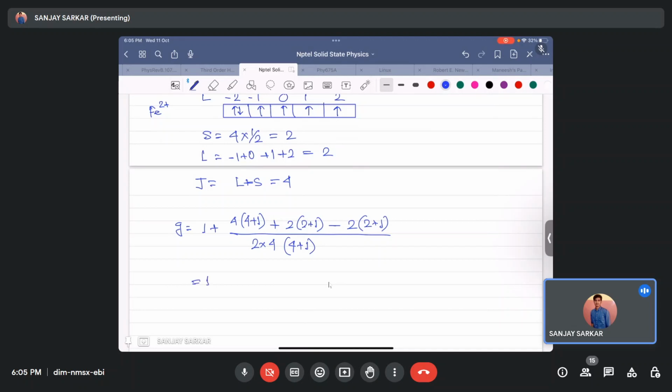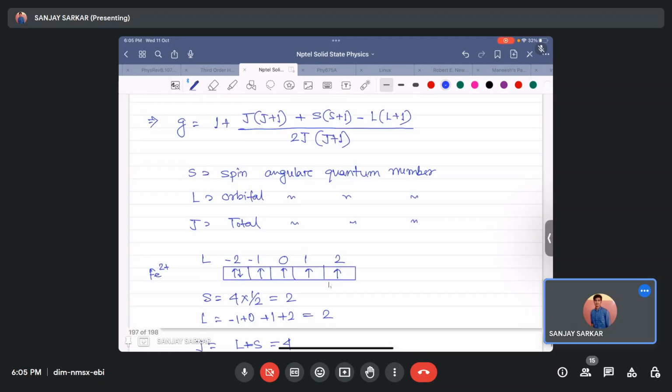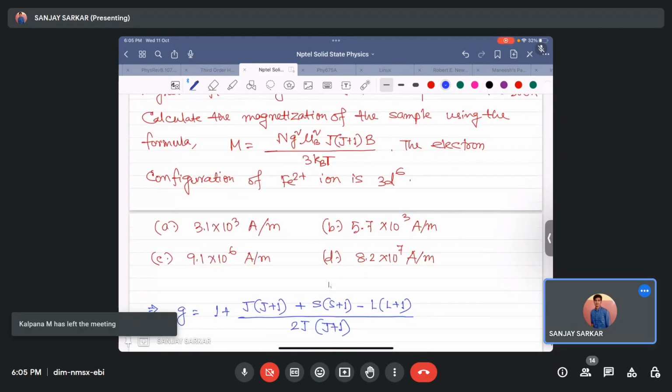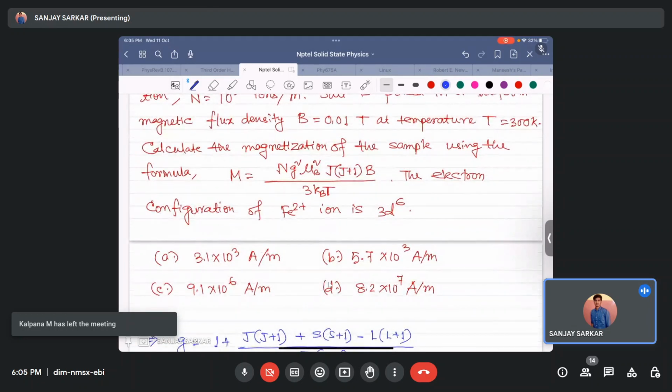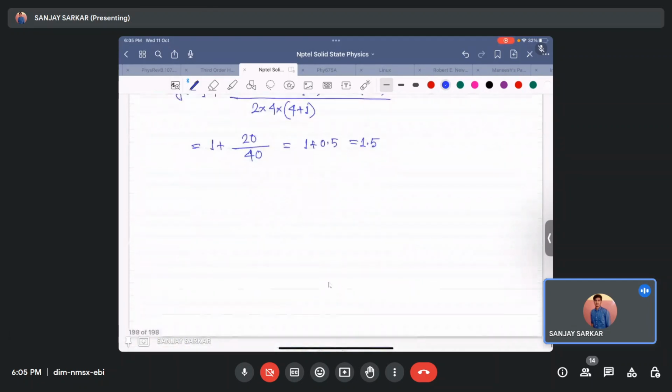So G is 1 plus, these two cancel out, and we have 4 into 5 is 20, divided by 20 into 2 is 40, that is 1 plus 0.5, which means 1.5. This is the G value, and other things are already given in the question. So for M, let me write down the formula.